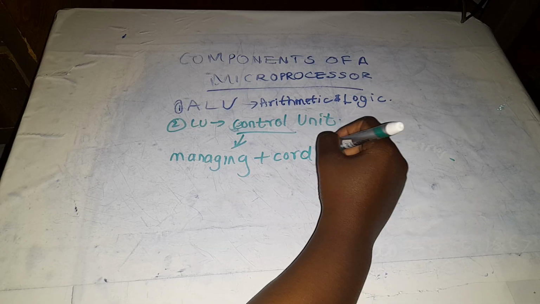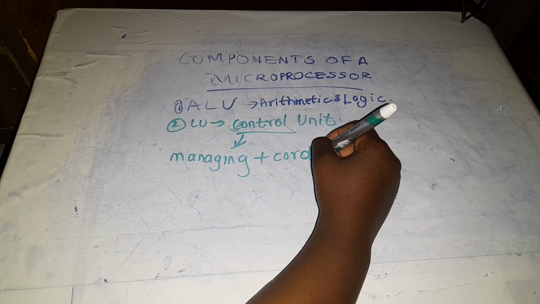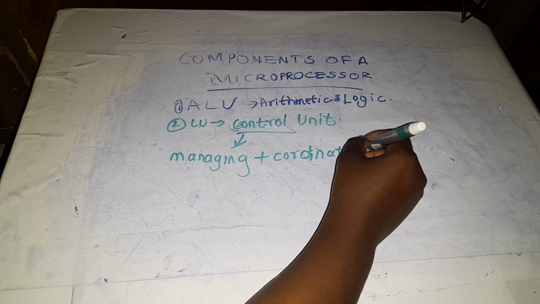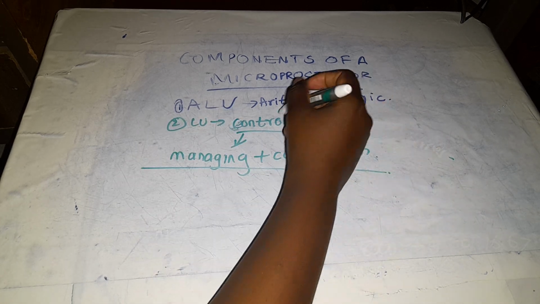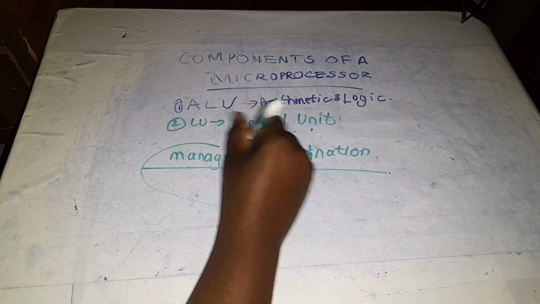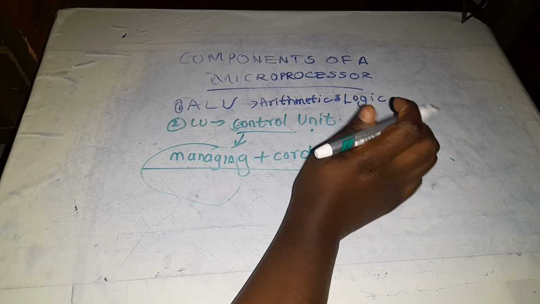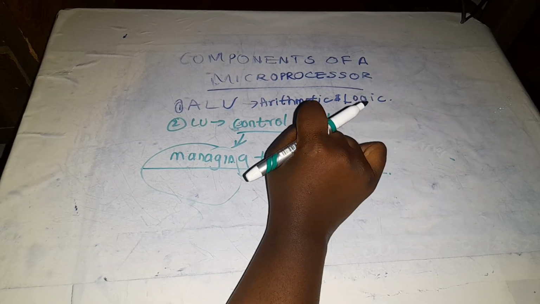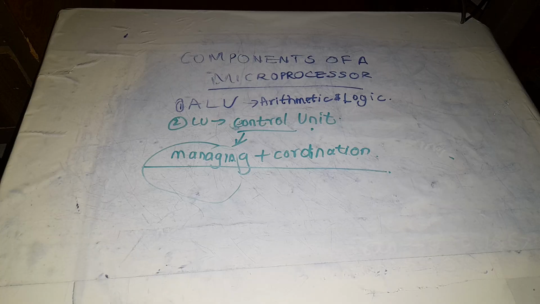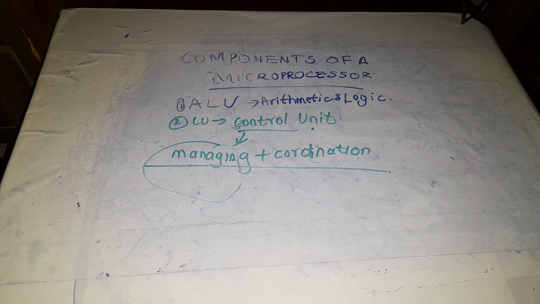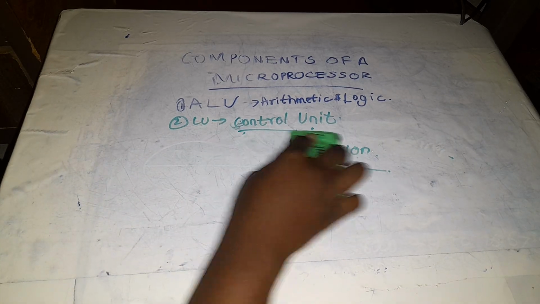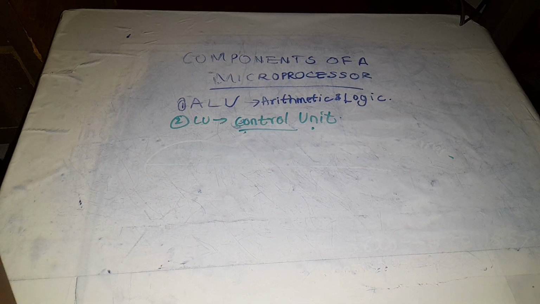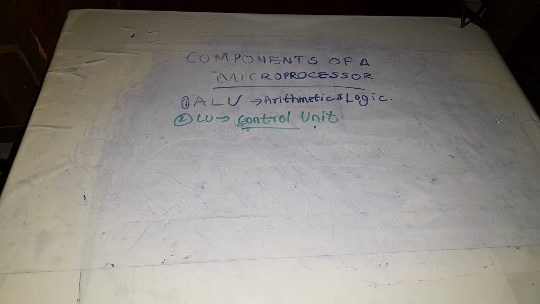So the control unit manages and coordinates the operations from all other components of the system, making sure everything is working smoothly and in a reliable way.